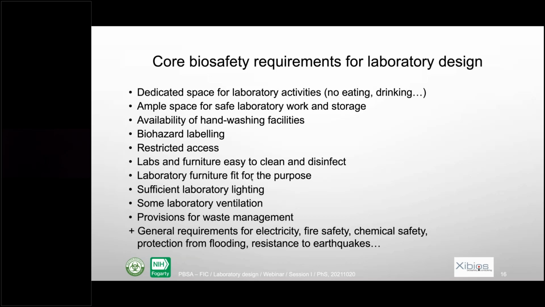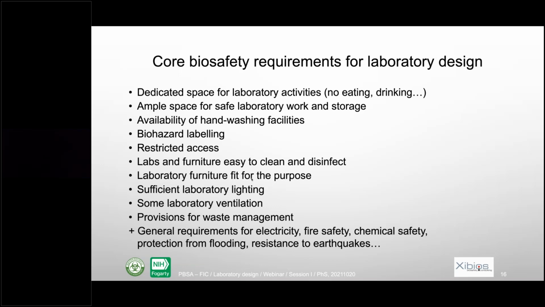So what are the core biosafety requirements for laboratory design? First, you need to have some dedicated space for laboratory activities. That means that laboratory activities need to be separated from other activities, for instance from the place where you eat and drink. So laboratories should be for laboratory activities. And then you should have enough space for laboratory work, but also for storage and also for moving into the labs.